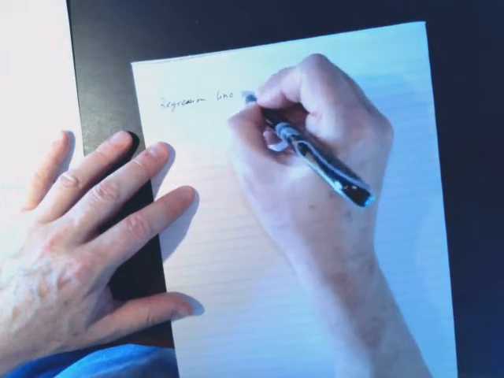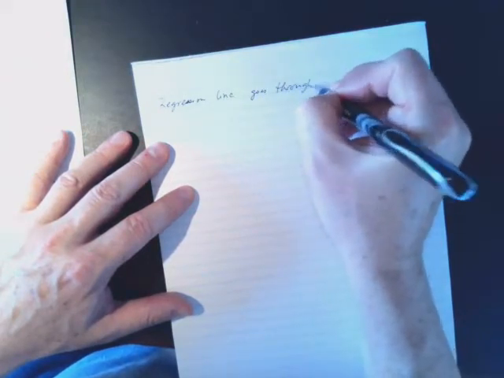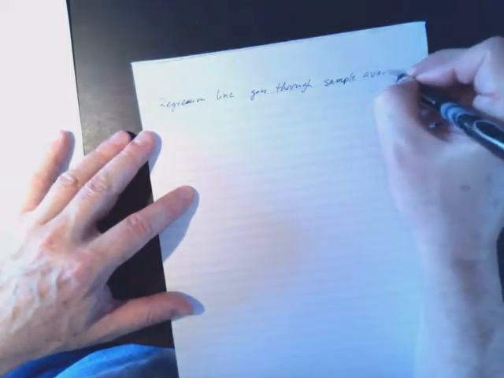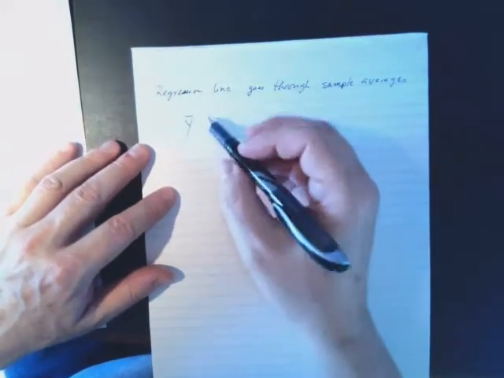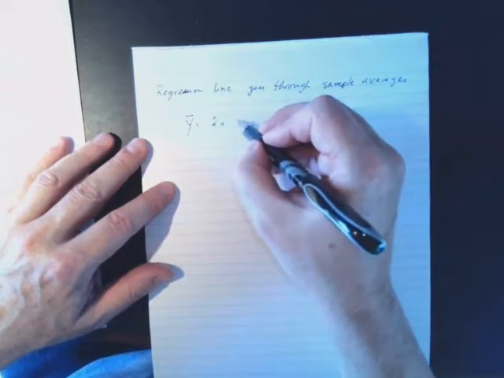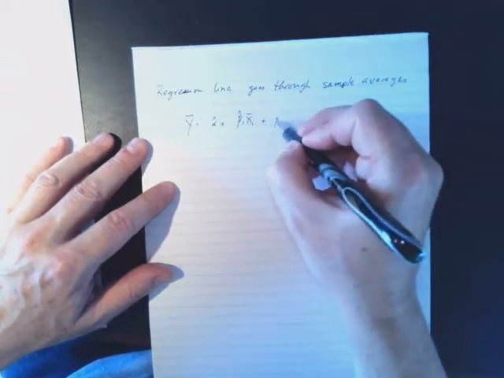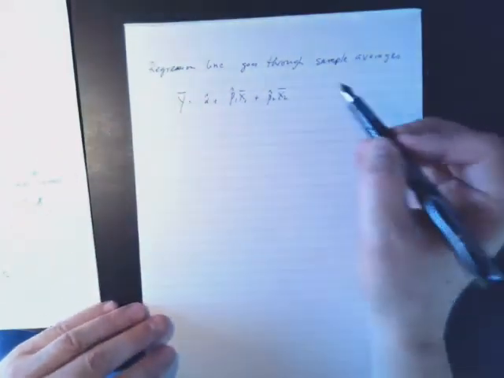Regression line goes through the sample averages. Okay, so y bar equals alpha hat plus beta 1 hat x1 bar plus beta 2 hat x2 bar, and there's no residual term.